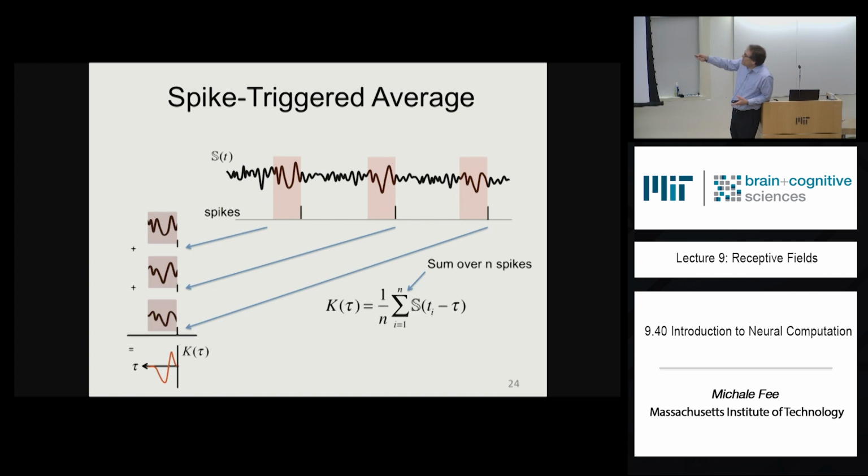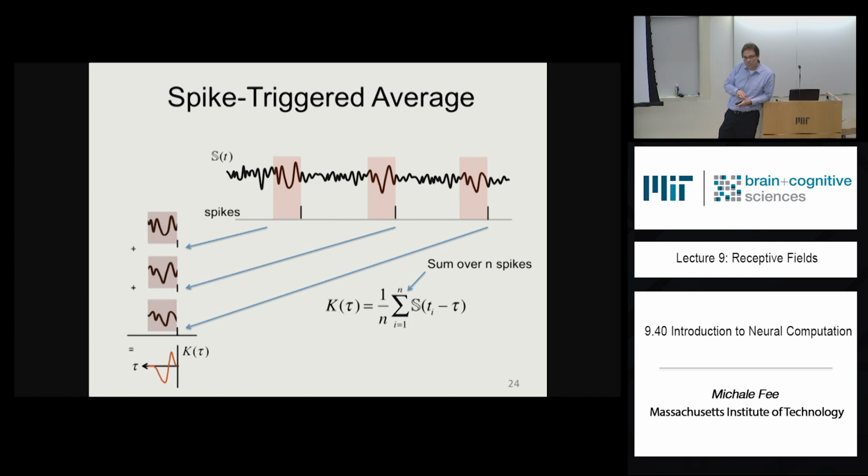If the stimulus varies very slowly, then see, this neuron likes to have this very fast wiggle, this negative followed by a positive, right? But if the stimulus you put in just varies slowly, then that stimulus doesn't actually have the kind of signal that's needed to activate this neuron.